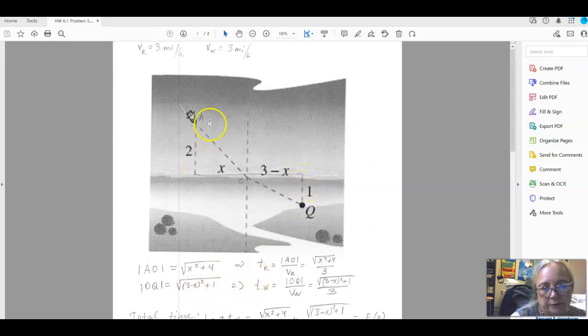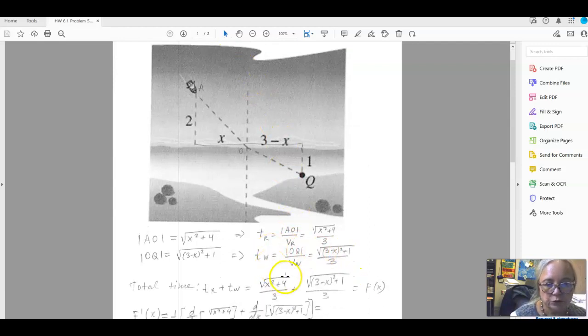How much time will the man spend to get from his current location to the point O? That's AO divided by the rate, 3 miles per hour. And how much time will the man walk from point O to point Q, his speed 3 miles per hour? So we will have this expression.